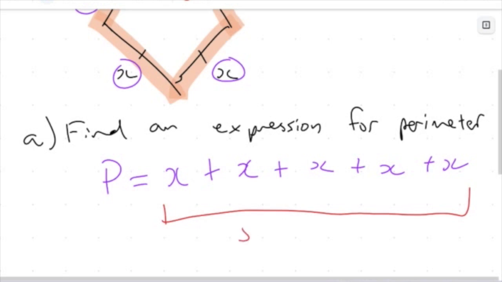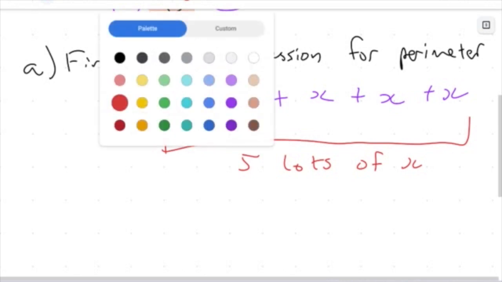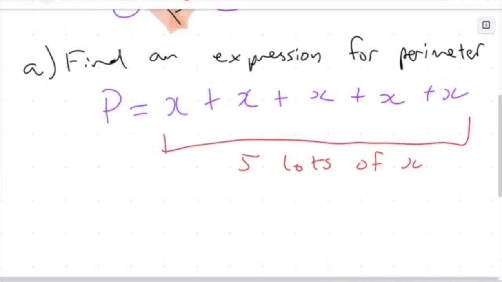So we have here 5 lots of x. So we can shorten this addition by just writing that perimeter equals 5 times x, or 5x. We have 5 lots of x.